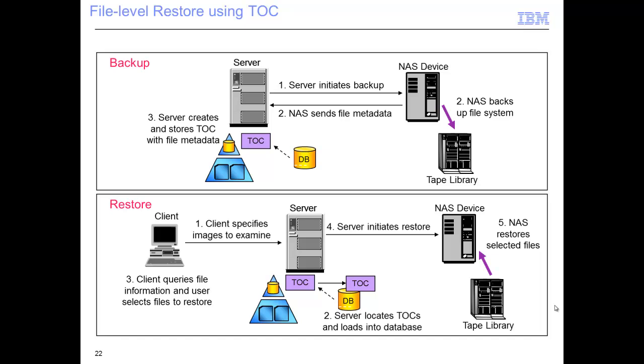When it's time to do a restore, the TSM server will first of all go out and locate the table of contents and load it into its TSM DB2 database. The TSM client will then be able to see the information about the individual files and issue a request for a specific file. At that point, the TSM server will work with the NAS device to request that restoration take place from the tape that it was written to.